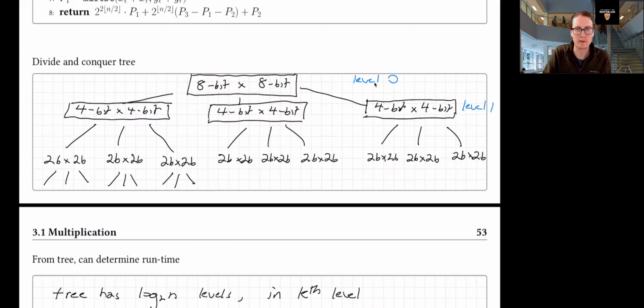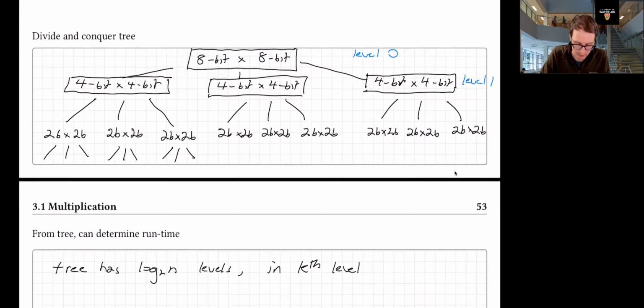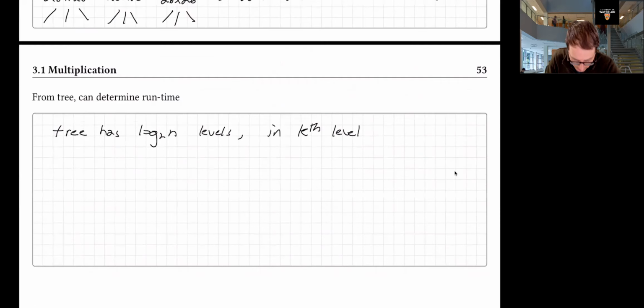Then in the 0th level, we have 1 multiplication. In the first level, we have 3. In the next one, we have 9, which is 3 squared. And level 3 is going to be 3 cubed. So in the kth level, we have 3 to the k multiplications.